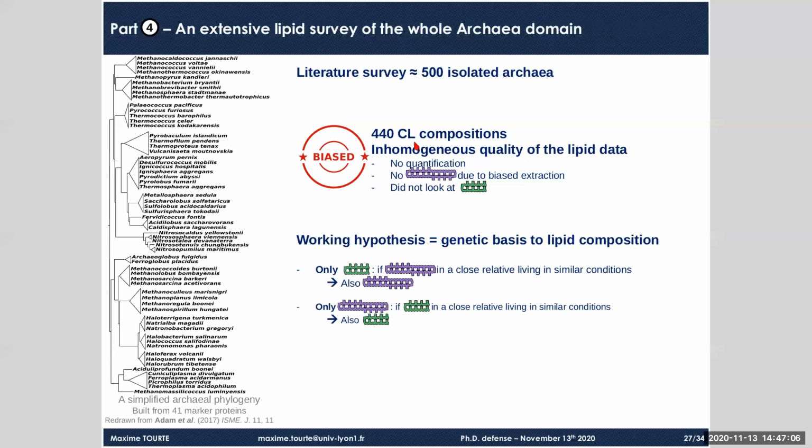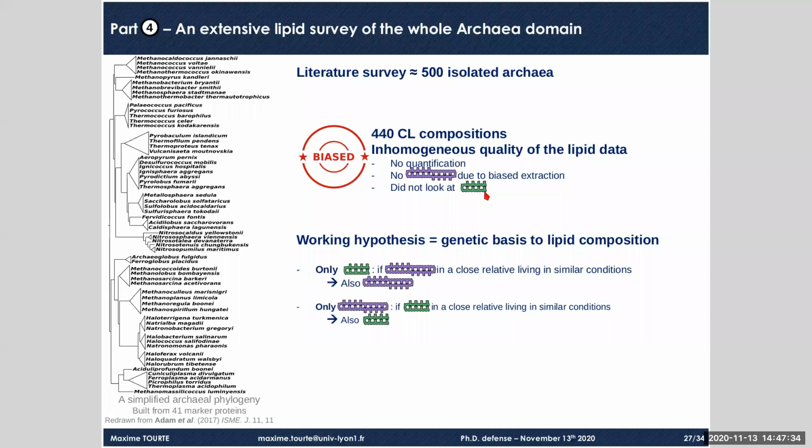We could come up with 440 core lipid compositions, but very often this characterization lacked quantification of the lipids, or was biased because of the extraction procedure used and may have missed these tetraether lipids, or some of them didn't even look at the diether composition of the Archaea strains.